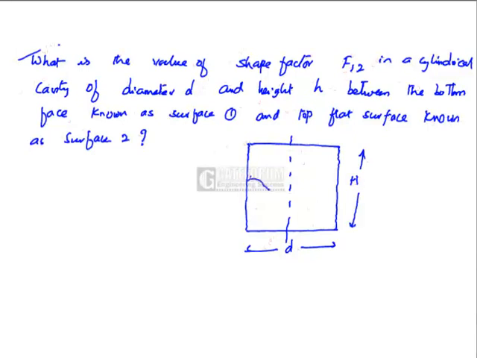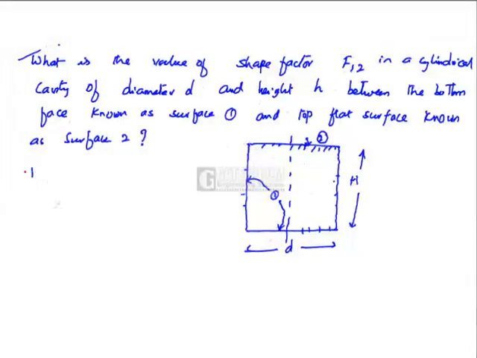The entire bottom one is considered as surface 1, whereas the top one is considered as surface 2.